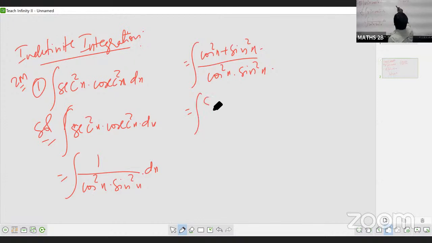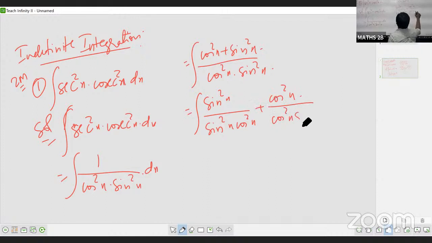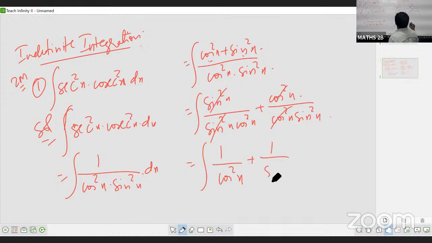Now I will take first sin square x, separate your denominator, sin square x by cos square x sin square x, plus cos square x, separate your denominator, cos square x sin square x. Separate your denominator for both the numerators. That is integration of sin square gets cancelled, 1 by cos square x. Cos square gets cancelled, 1 by sin square x.